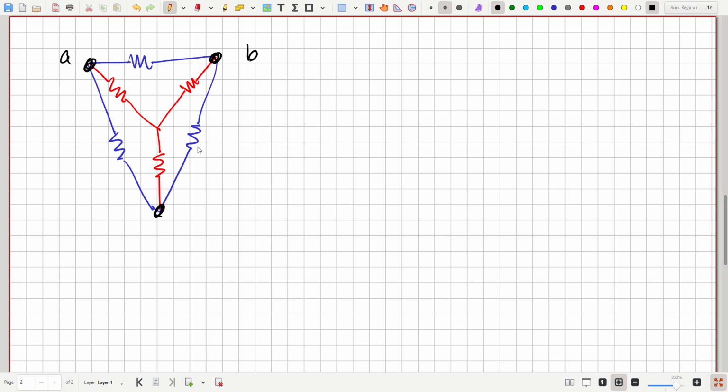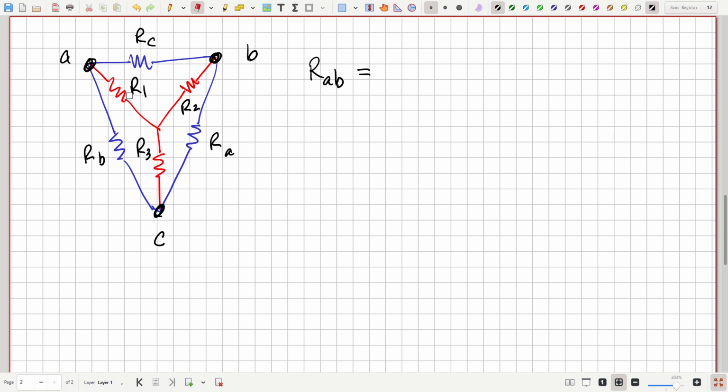A, B, and C. This is RC, RA, RB, R1, R2, and R3. Okay, so these two networks will be equivalent to each other if the resistance between any two pairs of the nodes is equal. That is, if the resistance between nodes A and B is the same in the two networks.